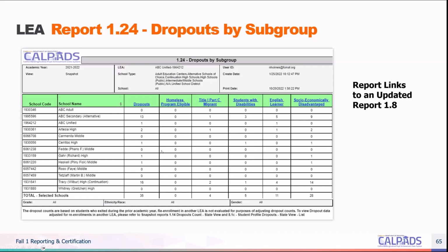And so you have a count, but the significance is the supporting reports help you identify who was reported as a dropout, and you can use your due diligence to research and see if the students have enrolled, what they're doing, or if CalPADS just needs to be updated. You have the information.